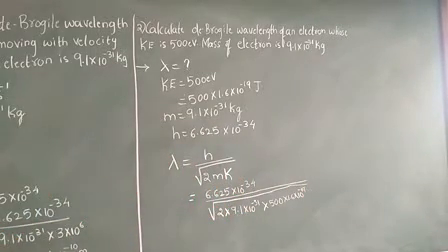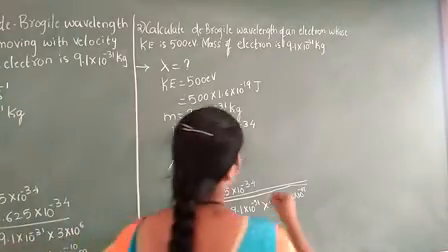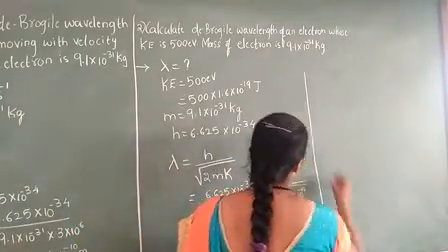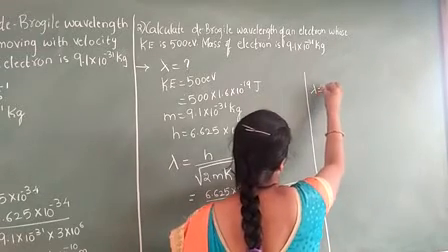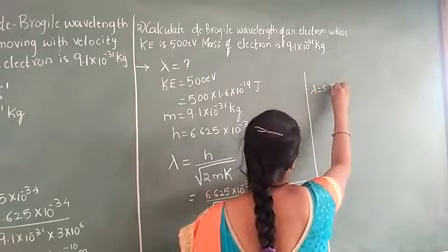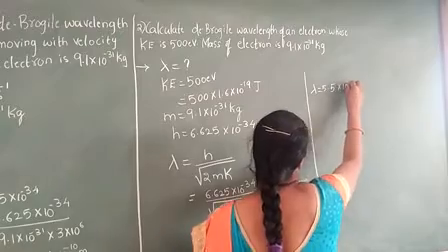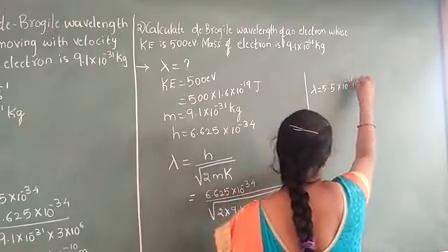Now the calculation part of the lambda, we are getting the answer as lambda is equal to 5.5 into 10 raised to minus 11 meter.